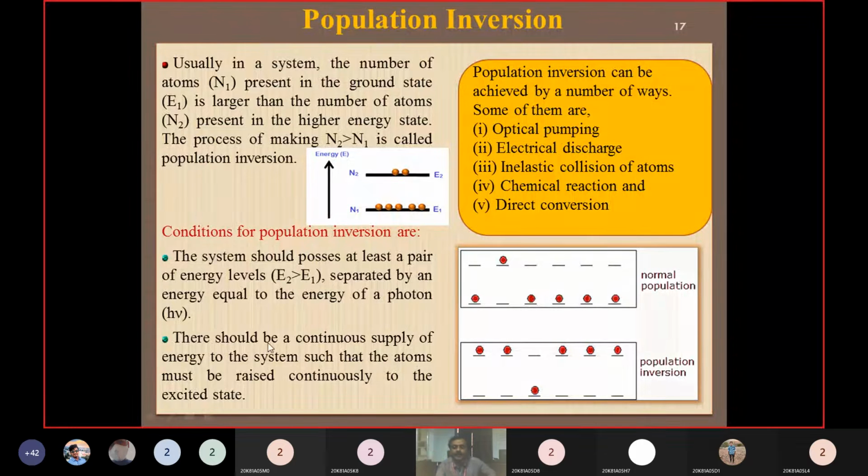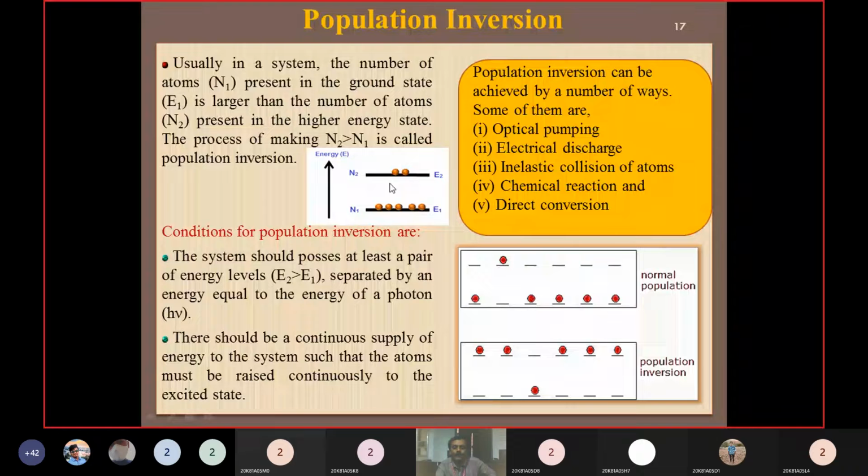Suppose we initially supplied some energy to the ground state, and all electrons go to the excited state. If you stop supplying the external energy, these excited electrons do not stay long in the excited state; they come back to the ground state within a fraction of a second.